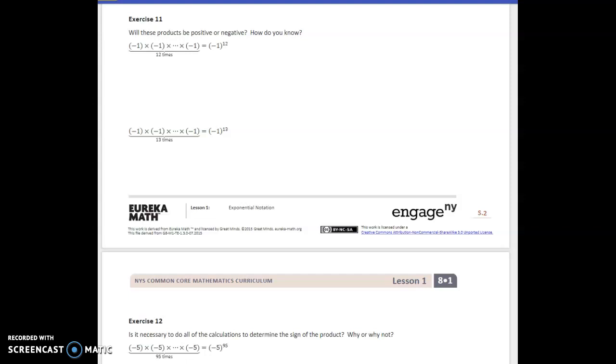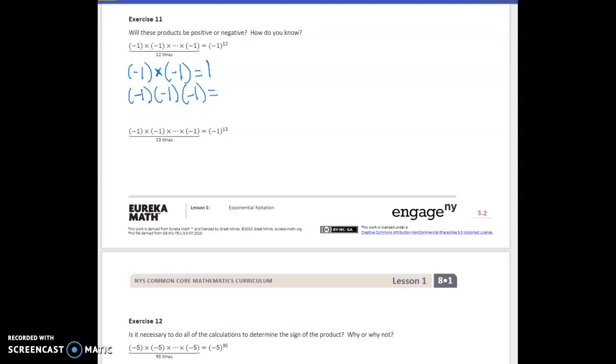So let's try to remember our multiplication rules for negative numbers. If I were to go -1 times a -1, a negative times a negative is a +1. But what if I do that 3 times? -1 times -1, notice I'm not using the x here, that's fine, times -1.